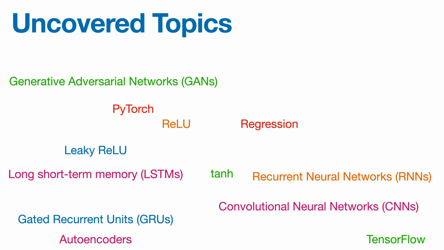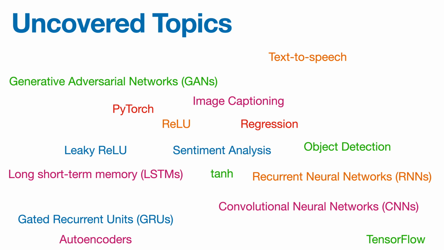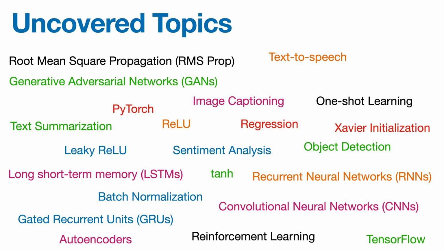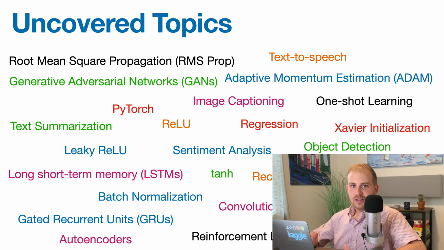Then you have applications like object detection, image captioning, text-to-speech, sentiment analysis, text summarization, one-shot learning, reinforcement learning. Oh, and then there's things like batch normalization, Xavier initialization, root mean square propagation, and adaptive momentum estimation. Okay, maybe there's a lot of stuff I didn't cover, so I'll just pick out a few things to mention and call it a day.